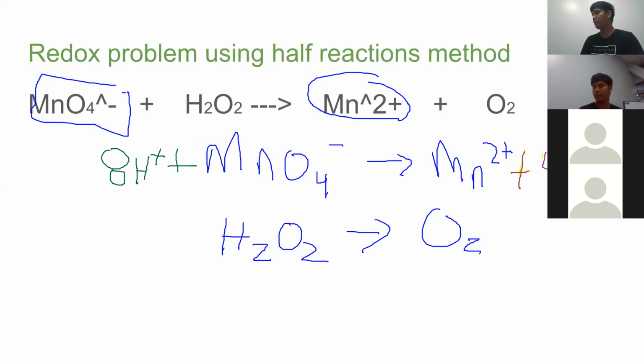All right. Now then, on the bottom part, we have peroxide and O2. So we know that peroxide has 2 hydrogens and oxygen, and on the product side, we only have 0. So what we have to do is add in 2 more hydrogens to balance it out. If that makes sense with everyone.